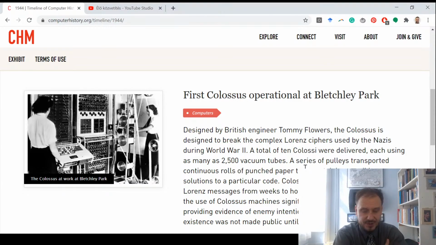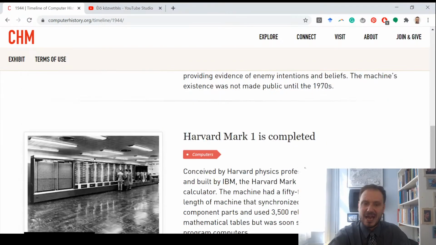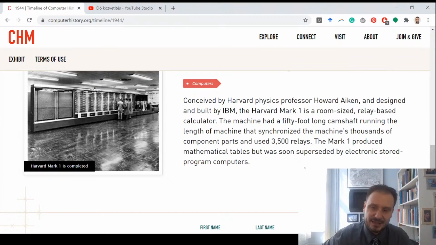And Colossus was such a smart machine that it was able to break the messages in order of hours and not weeks. So during the war, you can see how time really mattered. And it's really interesting to see that the machine's existence was not made public until the 1970s. This was an act of disinformation, so the enemy wouldn't know a machine like that existed.